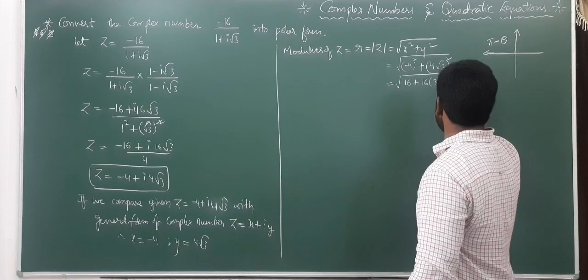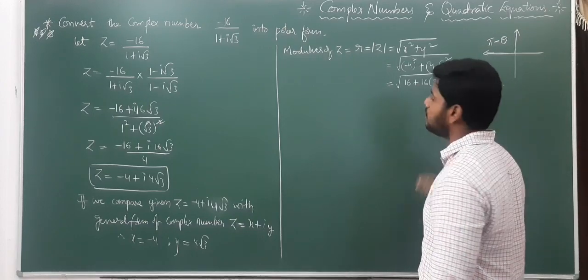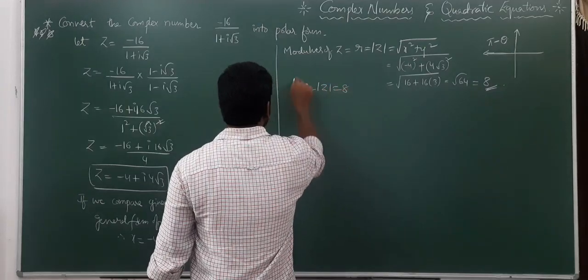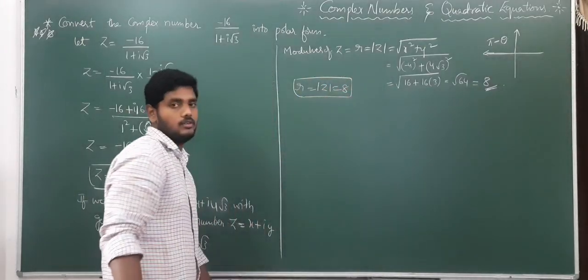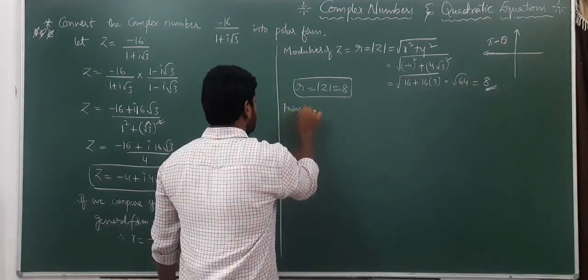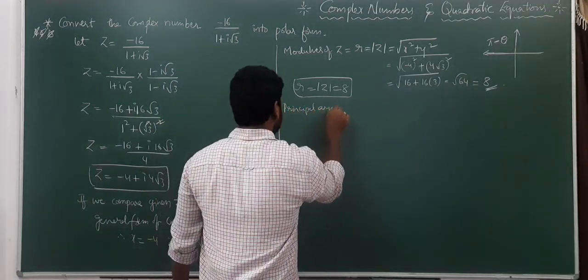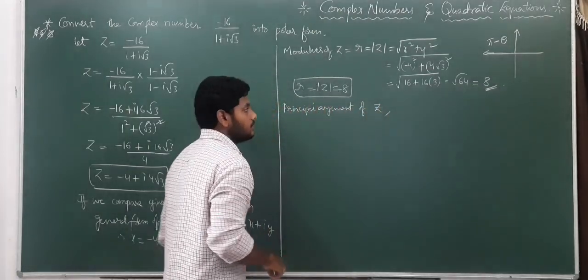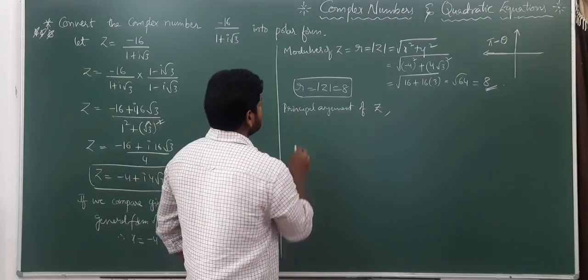So here we get 64, and square root of 64 is 8. Therefore r is equal to modulus of z is equal to 8. Now what we need to find is the argument of z, nothing but the principal argument of z. To find that, what was the formula?